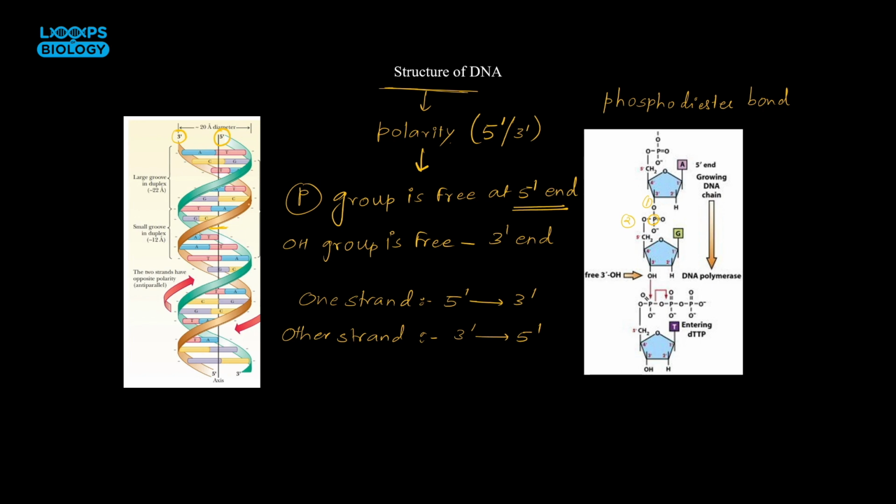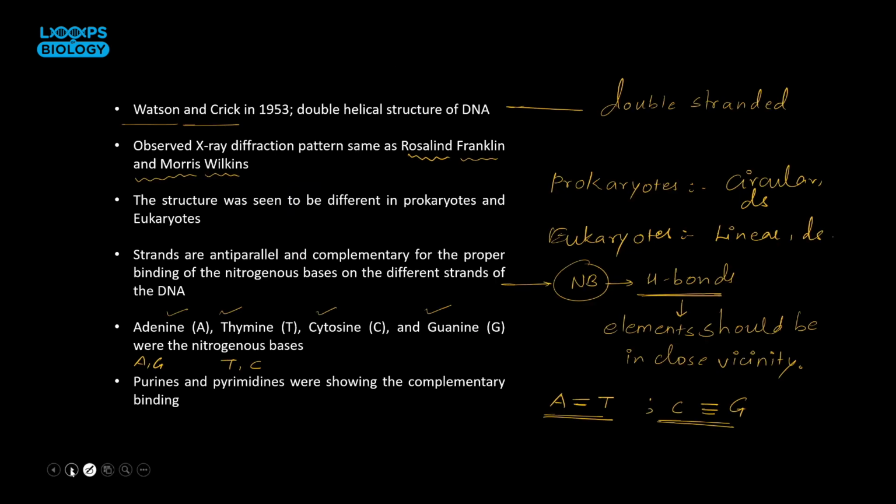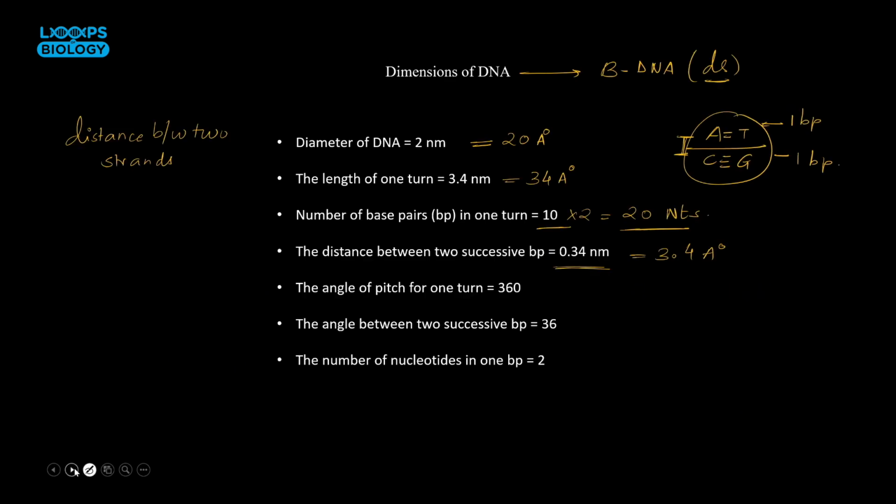So this complete turn is called the angle of pitch. So the angle of pitch is 360 degrees, while the angle between two successive base pairs, as there are 10 base pairs, will be 360 upon 10. So that is nothing but 36 degrees.